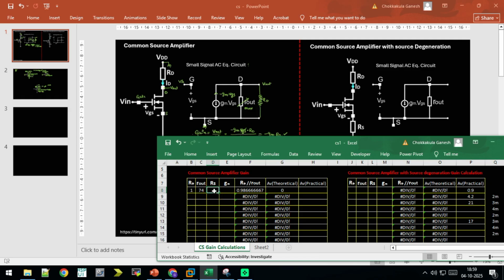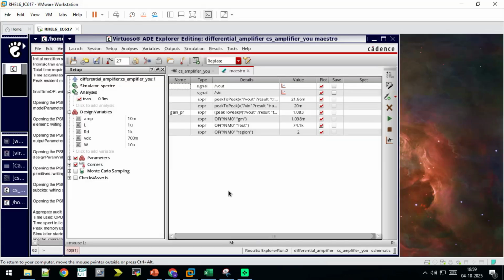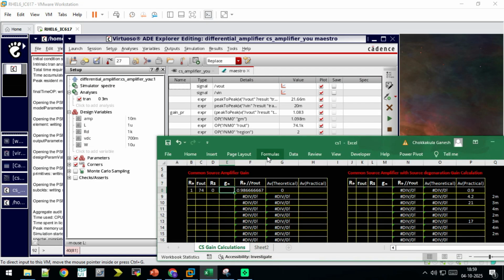And the RS value, here we are keeping RS in the next case. As of now RS is 0, so let me keep that 0. And the gm value we got is 1.093. So if you get all these values, there is a formula that I already mentioned: gm times RD parallel with R output.